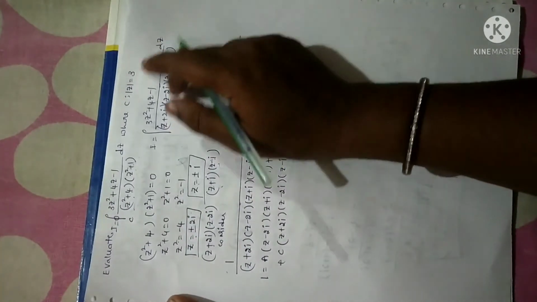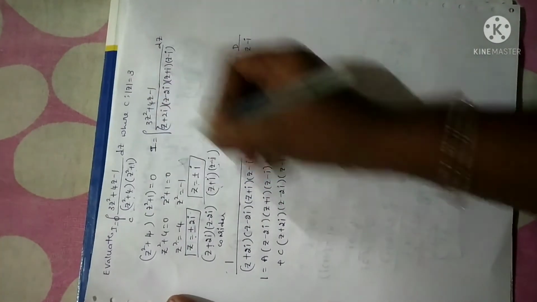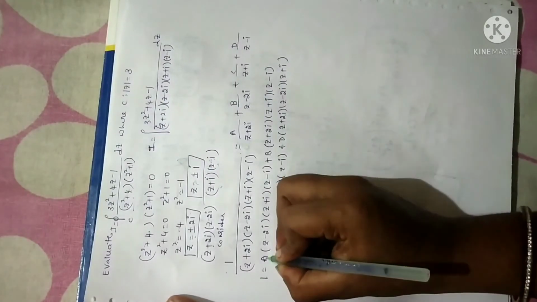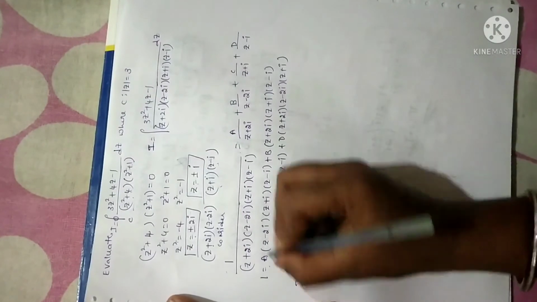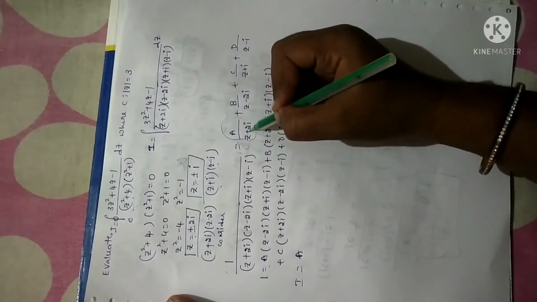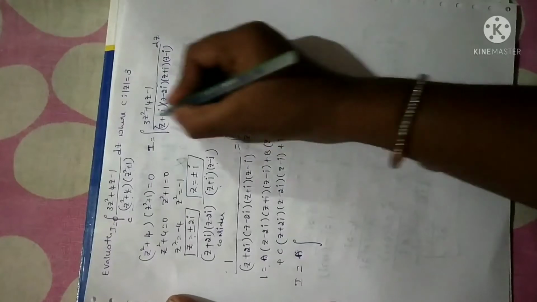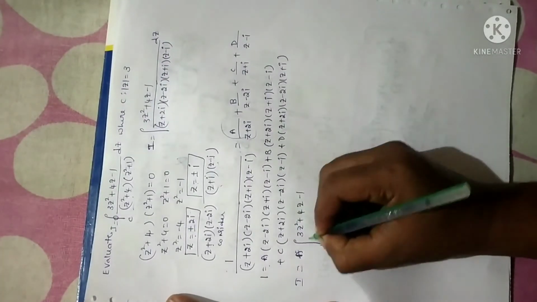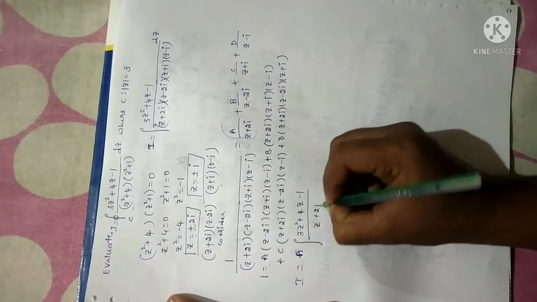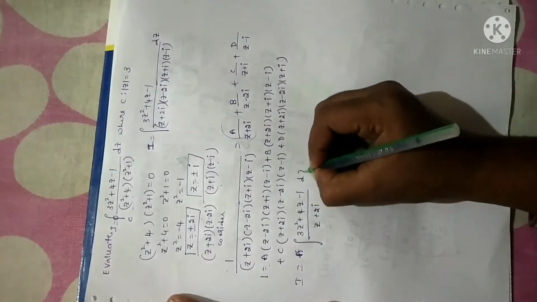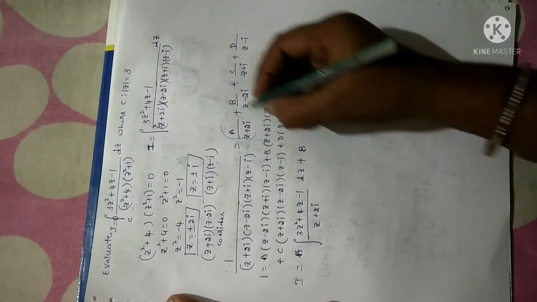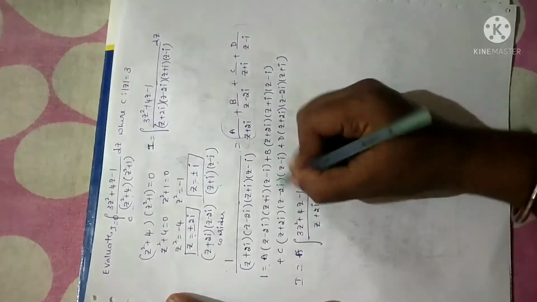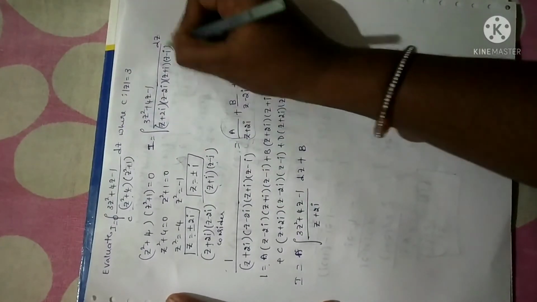So I can write this integral, let me take it as I, as I is equal to a into, I'm writing this again, a into the numerator 3z square plus 4z minus 1 divided by z plus 2i dz, plus b into, I'm just multiplying this step. Why? Because when you substitute all the values, things get complicated. So I am splitting this term directly here.